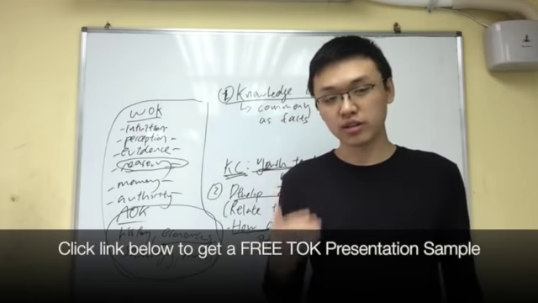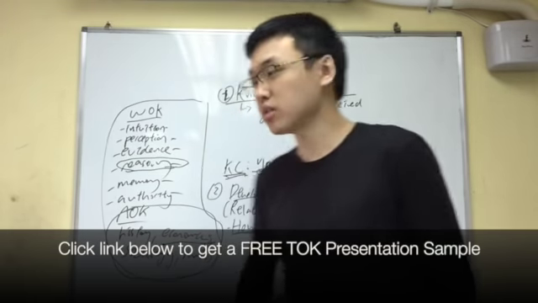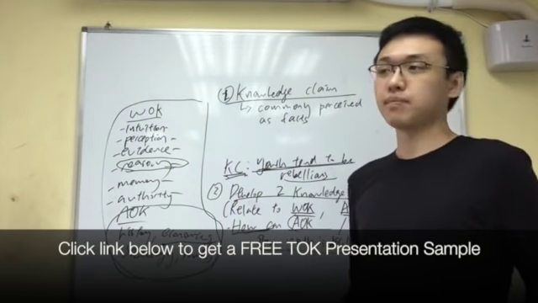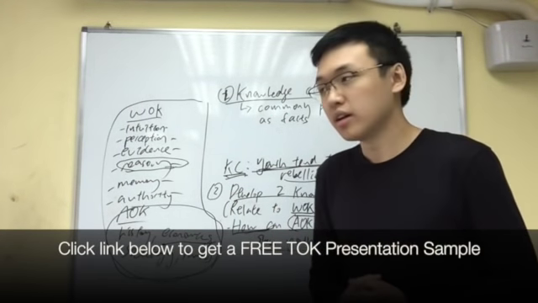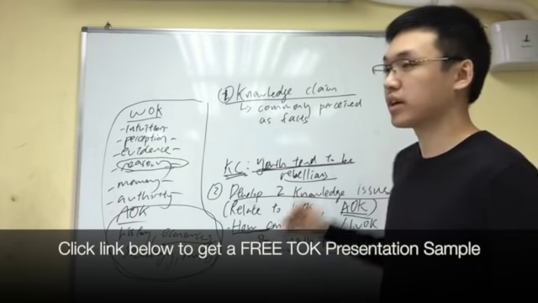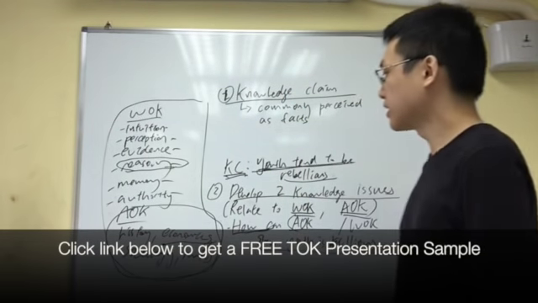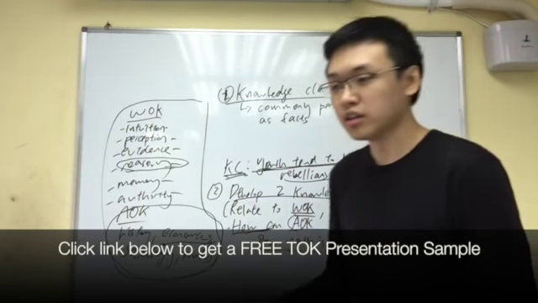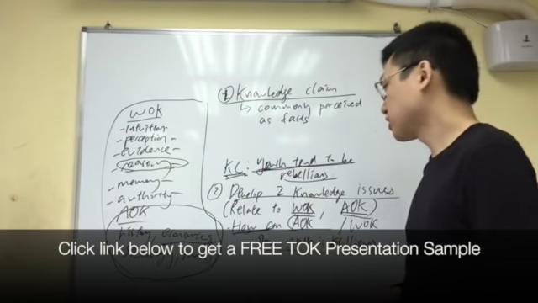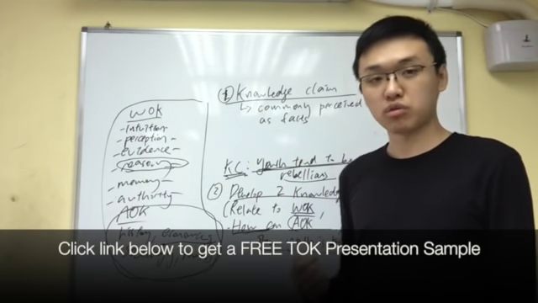So the structure of your TOK presentation, I'll repeat, is, first of all, you talk about the real life situation and why it interests you. Then explain how it links to your knowledge claim. For example, the Occupy Central protests in Hong Kong, with youths protesting, lead us to examine the knowledge claim that youths tend to be more rebellious.